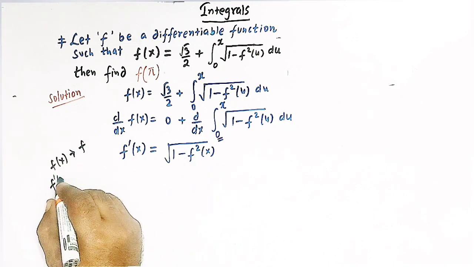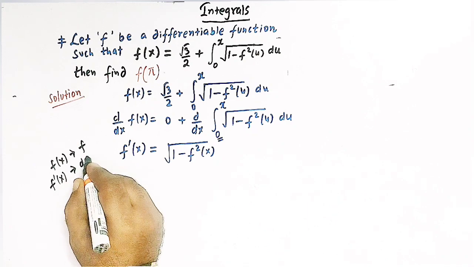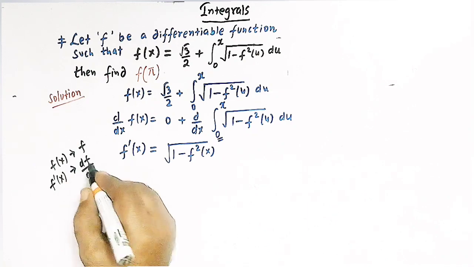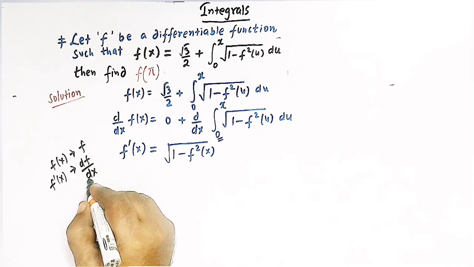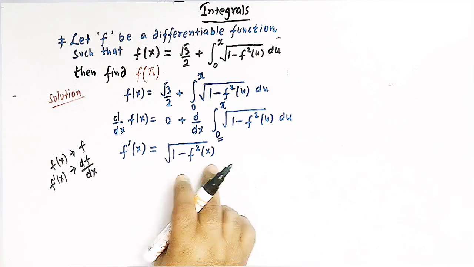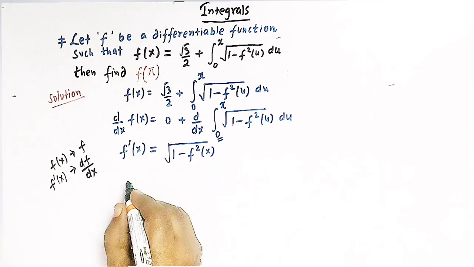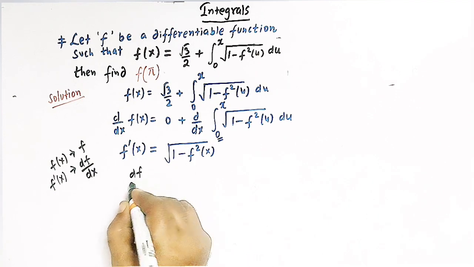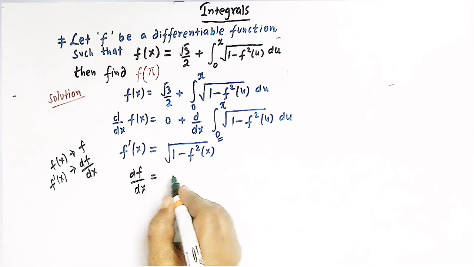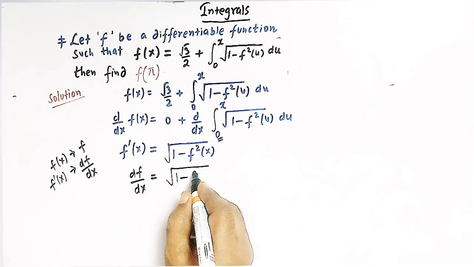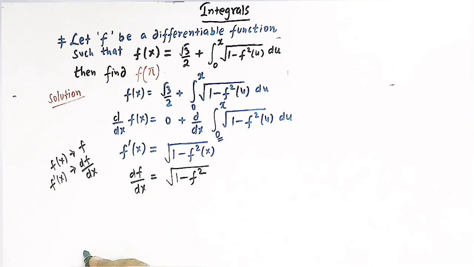And f prime of x as df over dx. So we'll use these notations just for convenience. So f prime of x can be written as simply df over dx, and here we have square root of 1 minus f square, right?